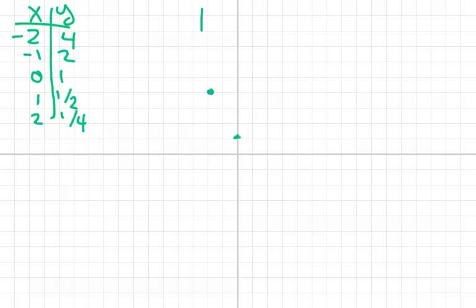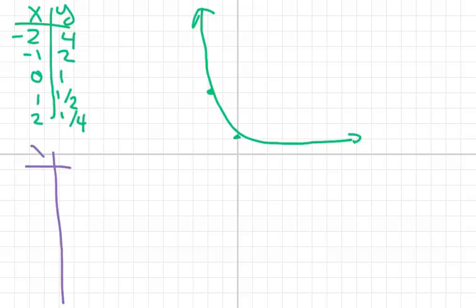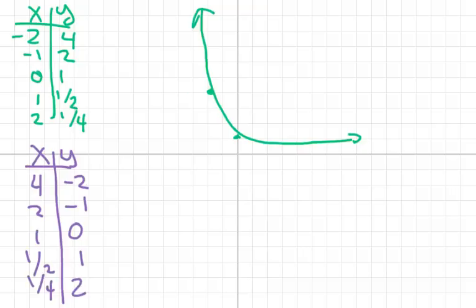And to do the inverse, then we just switch the x and the y. So 4 maps to -2, 2 maps to -1, 1 maps to 0, 1/2 maps to 1, and 1/4 maps to 2.